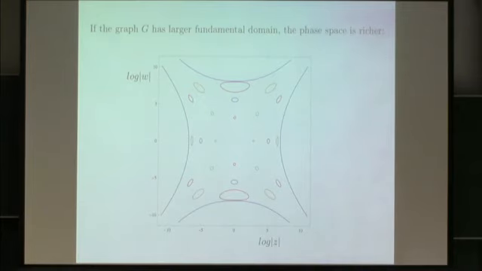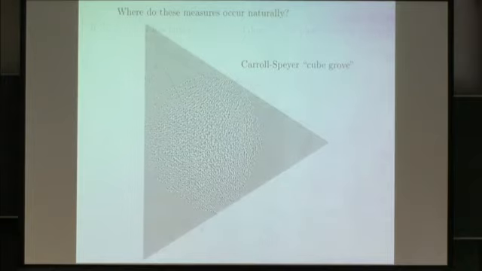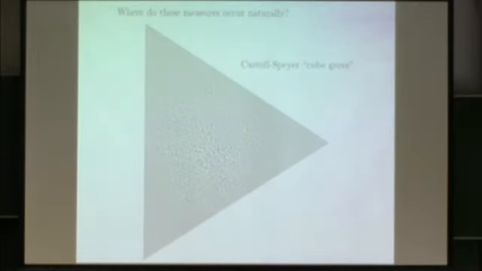All right, and you can make very complicated examples by just taking a larger fundamental domain, or with some conductance function which is not periodic with period 1 or 2. So these are examples with, I don't know how many, 20 different phase transitions. Where do these measures occur? Some of you may know this model described by Gabe Carroll and Dave Speyer, called groves or cube groves.